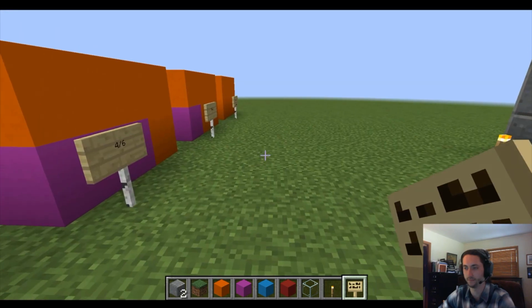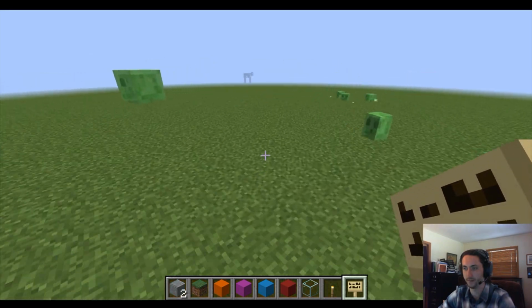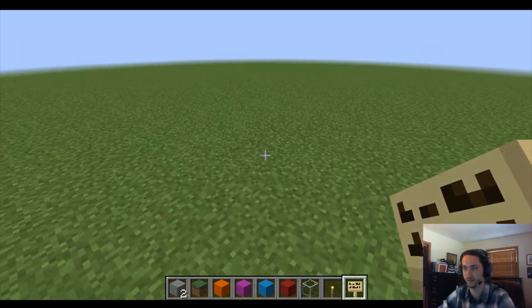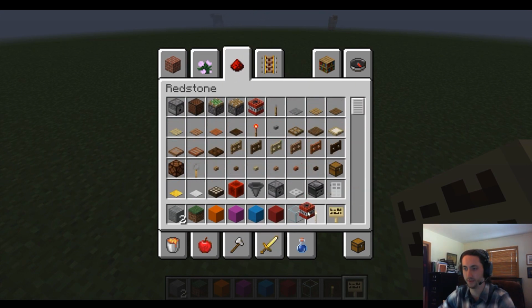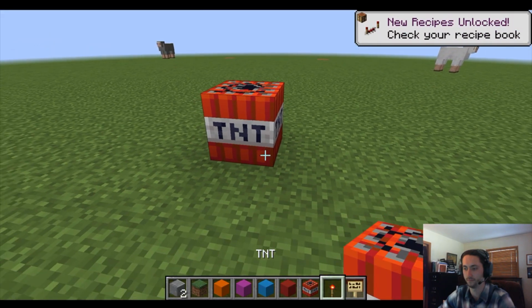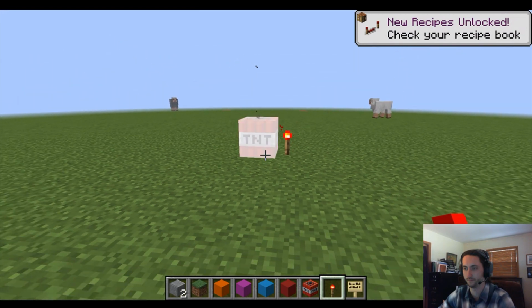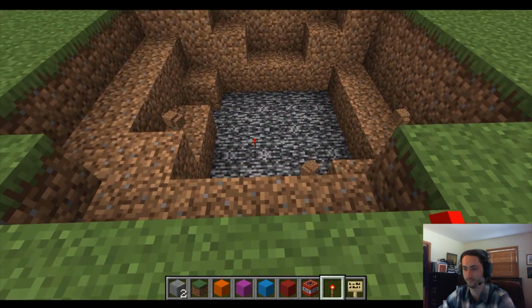Crazy stuff. Okay, I'm going to do some running around in Minecraft. Look at all these slimes. Now, a Minecraft video would not be complete without at least a few explosions. Whoa.